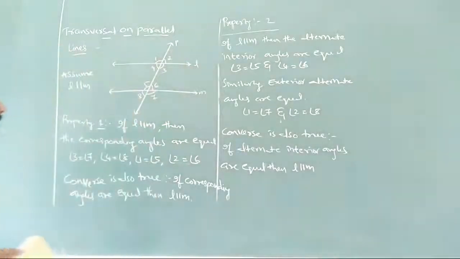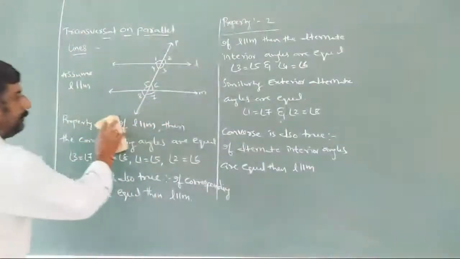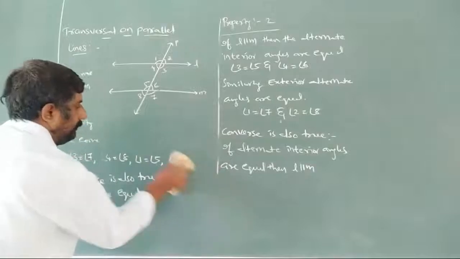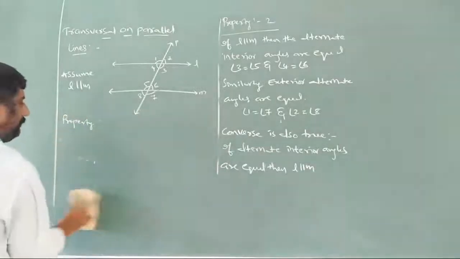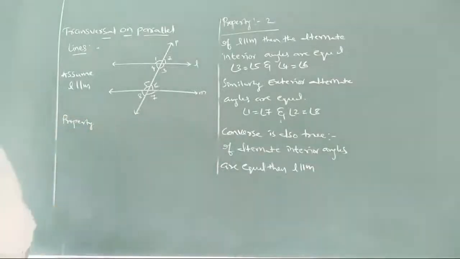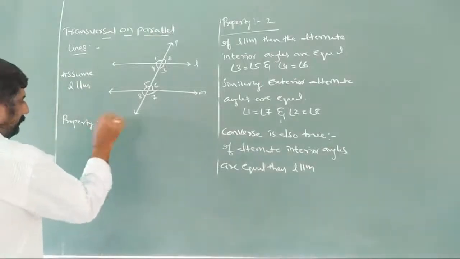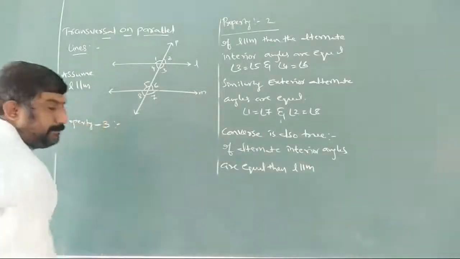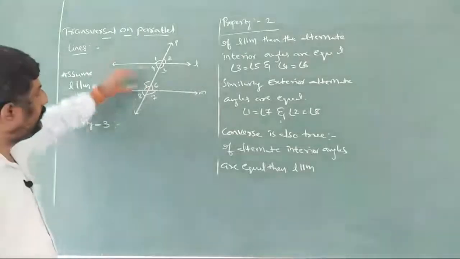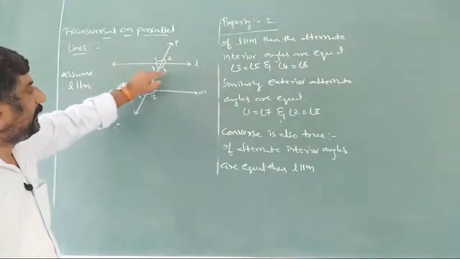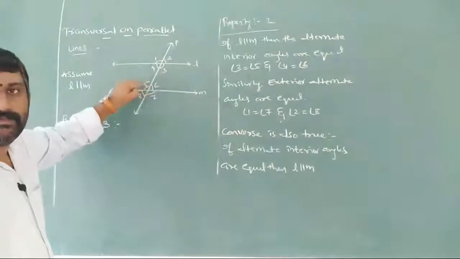Now coming to property number 3. Observe here, 4 and 5, 3 and 6. What are these pairs?